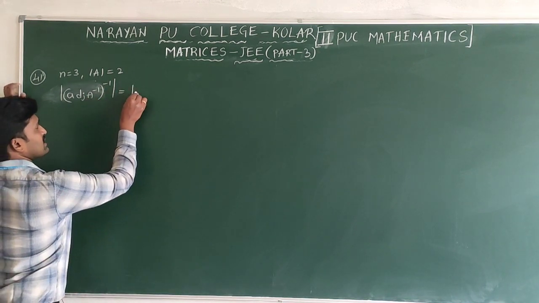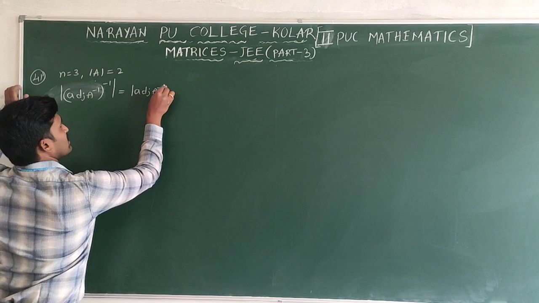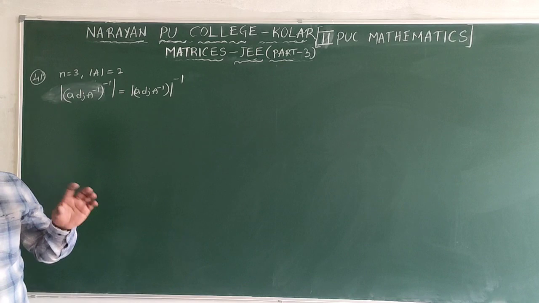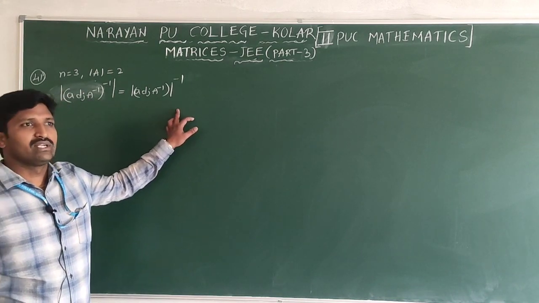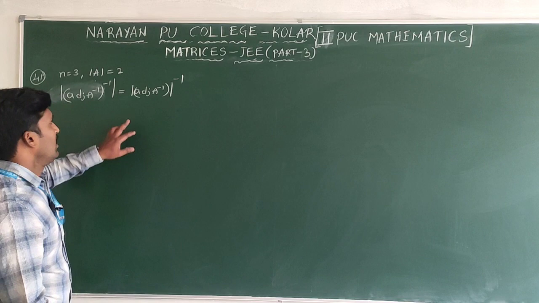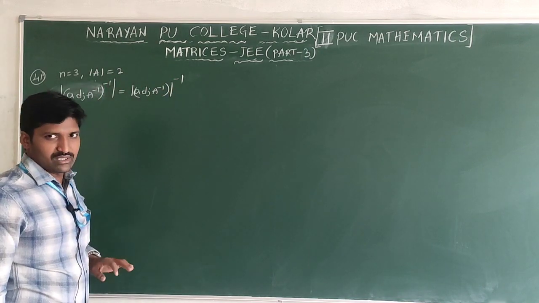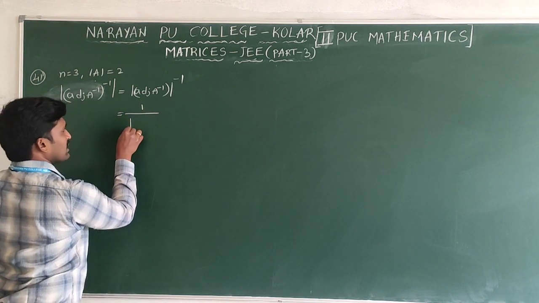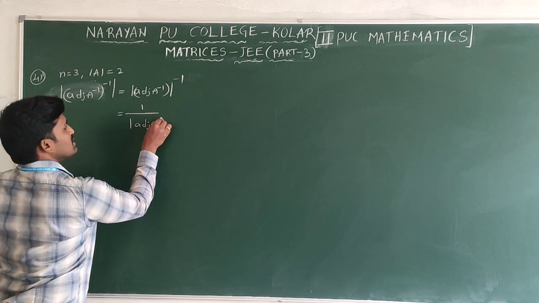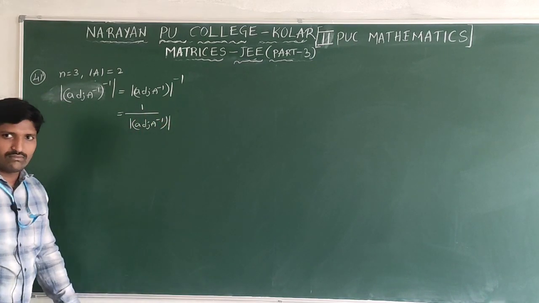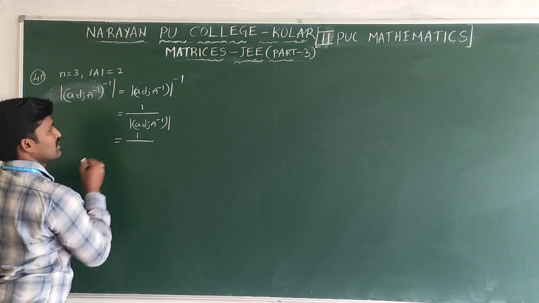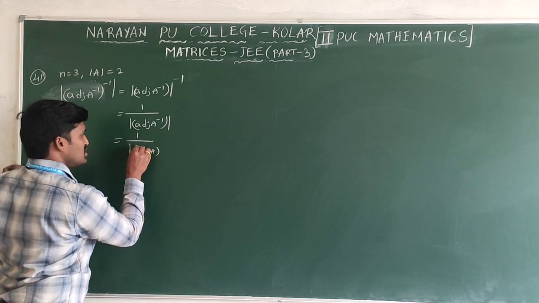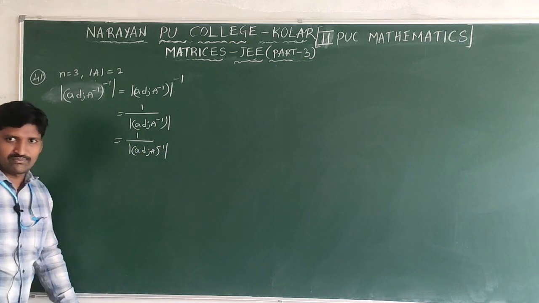First of all, you can write det of (adjoint A inverse) whole power minus 1. Already we have the formula det of A power n equals det A whole power n. That's why I took the power out of the determinant. From this minus 1, what can you write? 1 by det of adjoint A inverse.